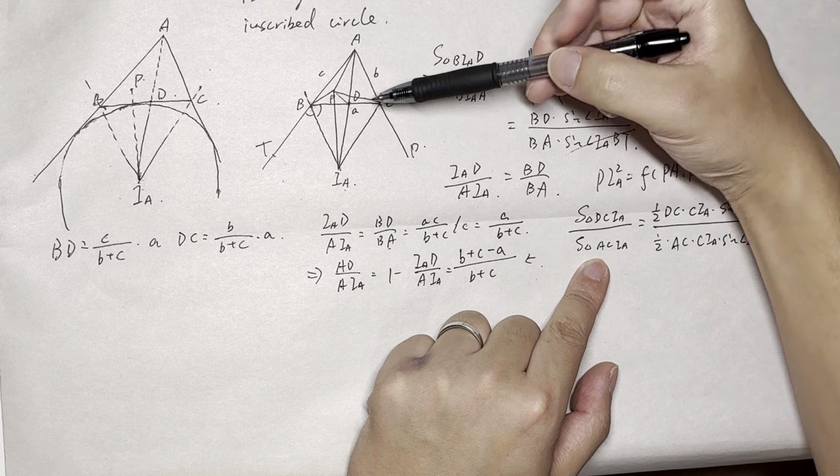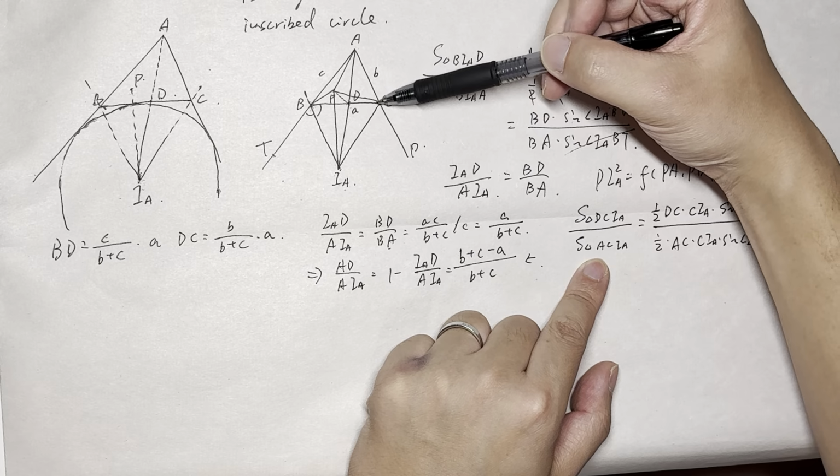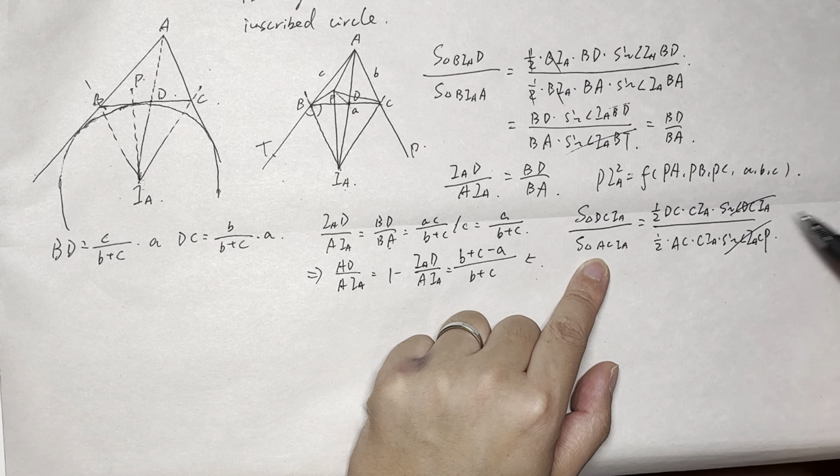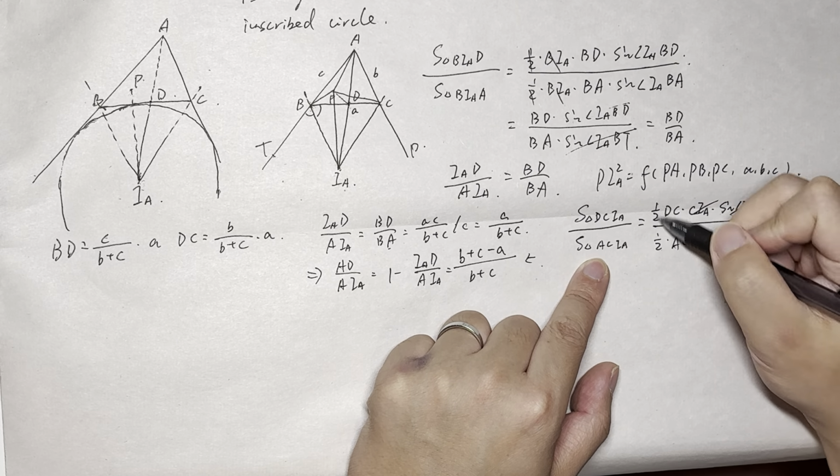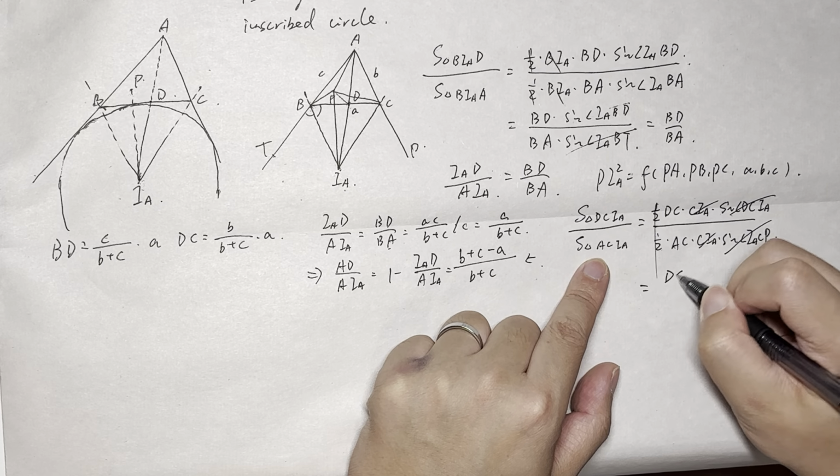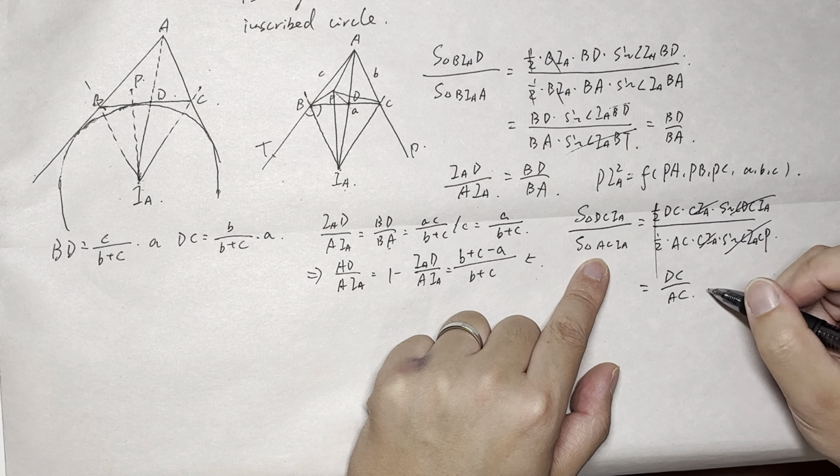And we know that angle DCIA equals angle IACP, so these two cancel each other. CIA cancels, half cancels, so it equals DC to AC, right?